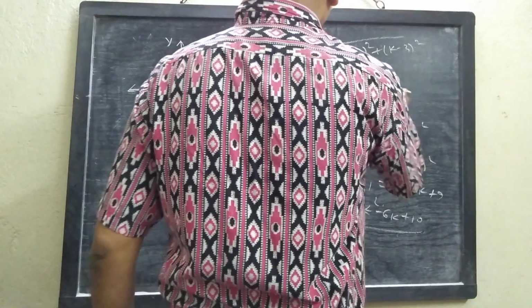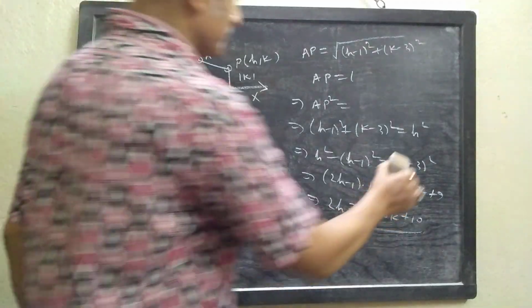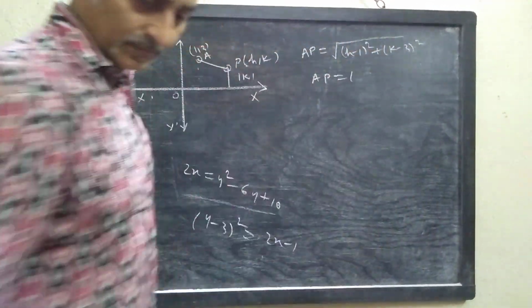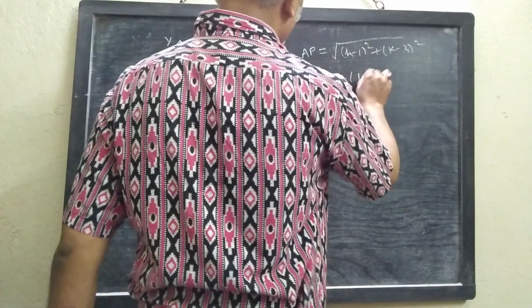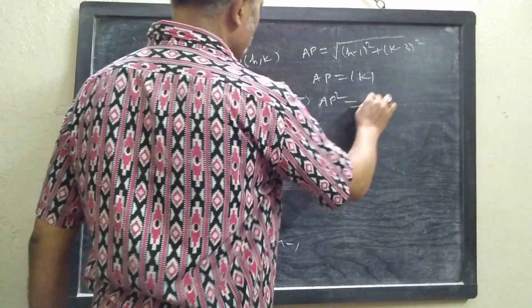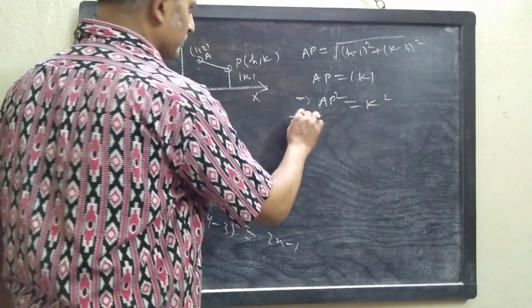Here, this is mod k. AP is mod k. So this will be AP square equals k square.